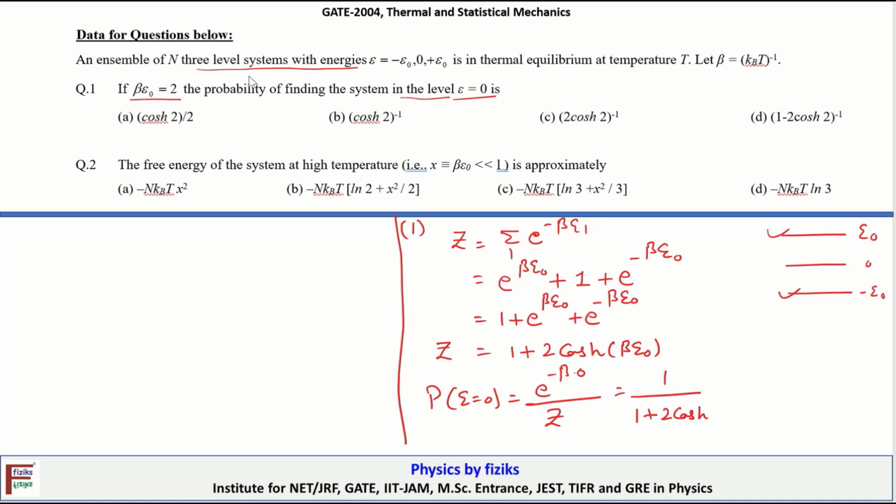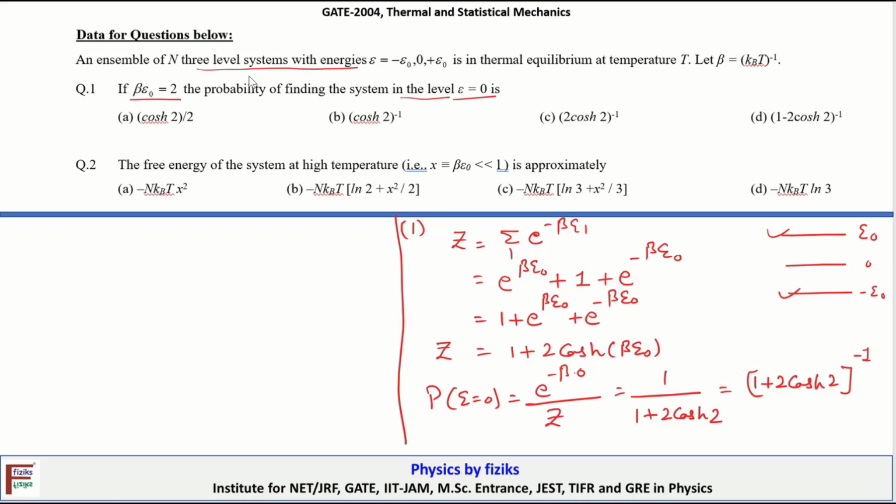Because beta E0 is given to us as 2, I will replace beta E0 with 2, and that is equal to 1 plus 2 cosh 2, raised to the power minus 1.